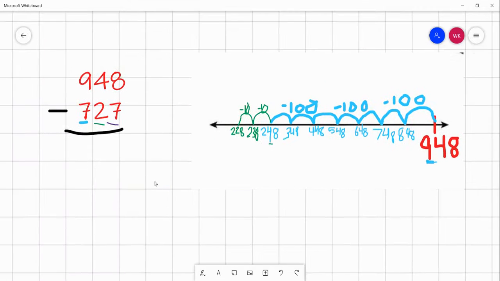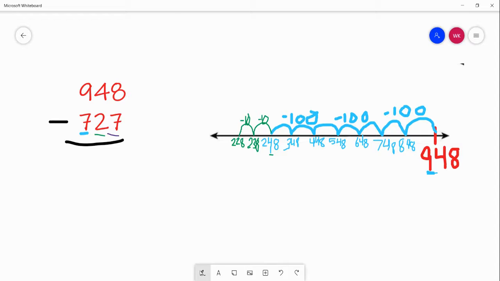So we have 727. And now we need to subtract our 7 ones. So we have 1, 2, 3, 4, 5, 6, 7. I'm just going to extend this number line. All right.